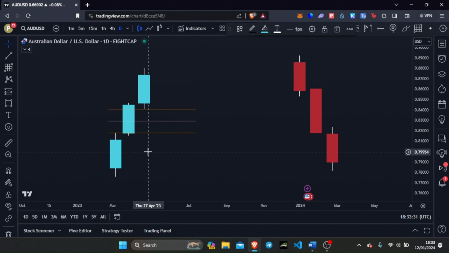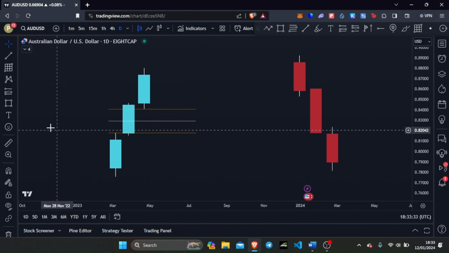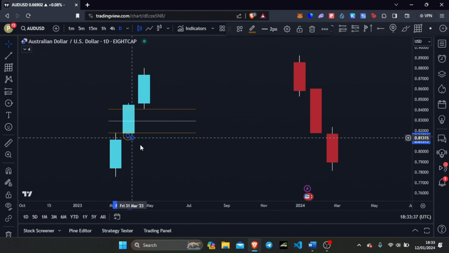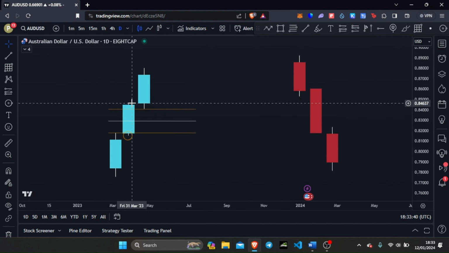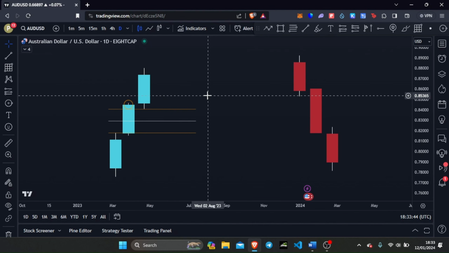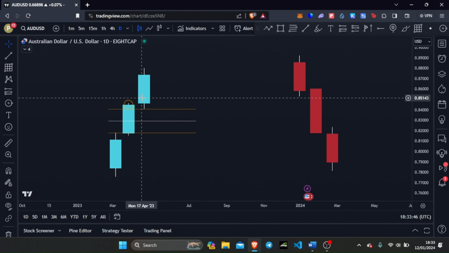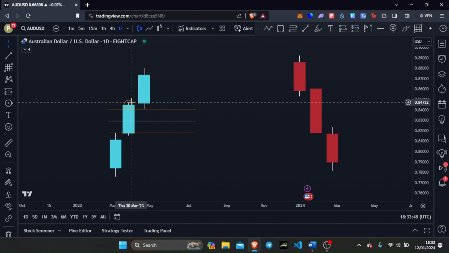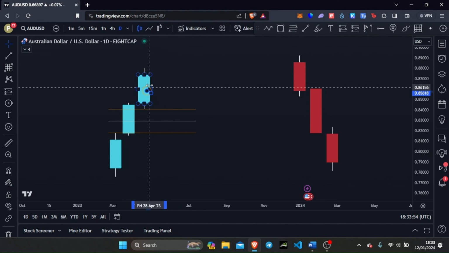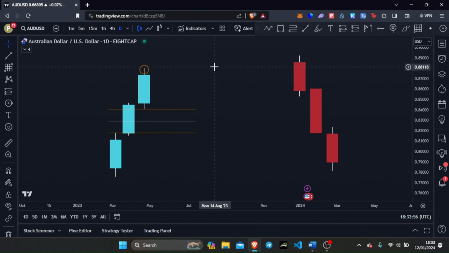When this candle started forming, it pushed down, but it was only able to push down this far. And then from there, it pushed up, but the highest it was able to go was up to here. And then now we've got the third candle, and the third candle tried to push down, but it got to here. And then it tried to push up, and it got all the way to here.